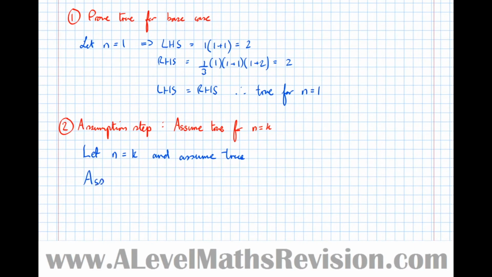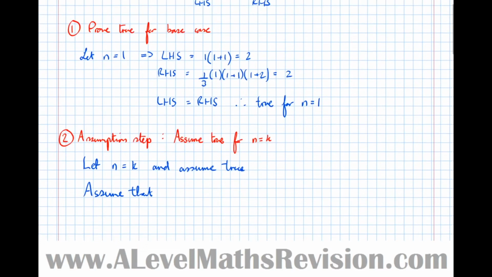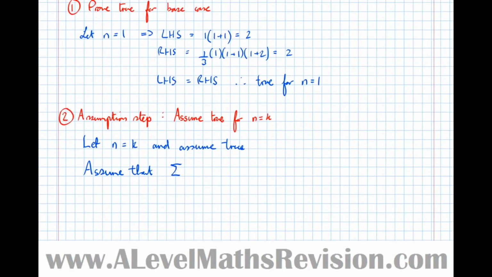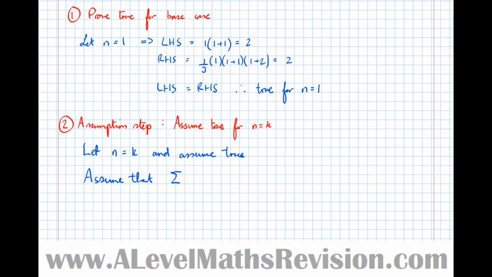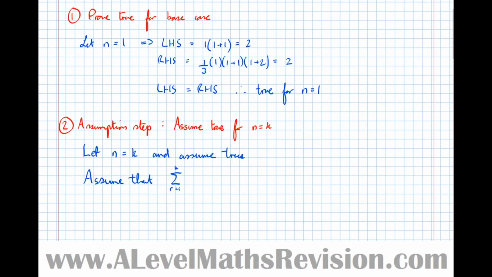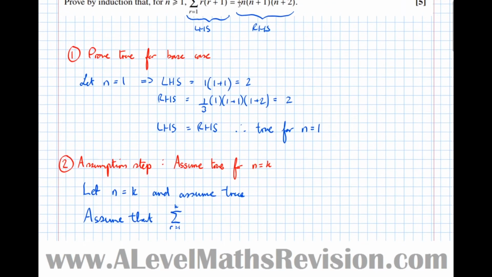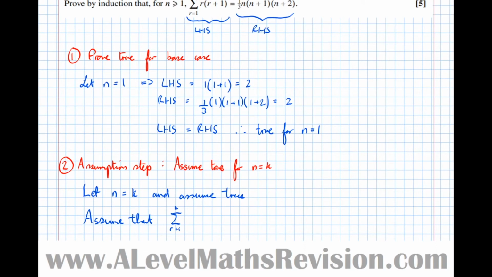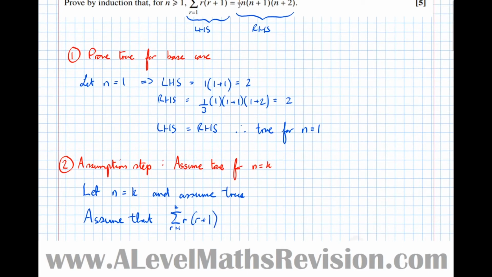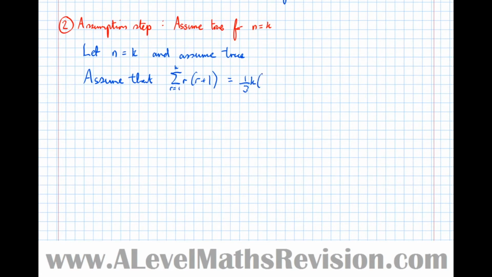So we're going to assume that on the left hand side, the sum between r equals 1 and k of r plus 1 equals a third k, k plus 1, k plus 2. So we're going to assume that to be true.